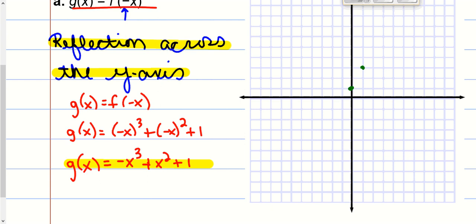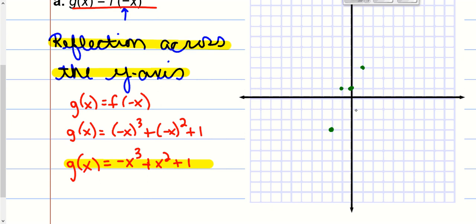Okay, so yes, 1, 3, 0, 1, negative 1, 1, negative 2, negative 3, 1, 2, 3.